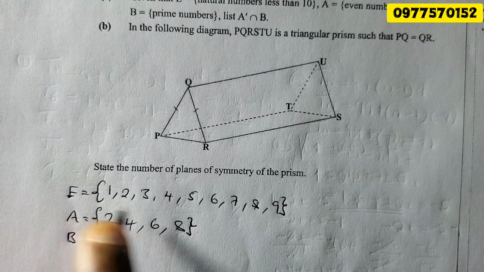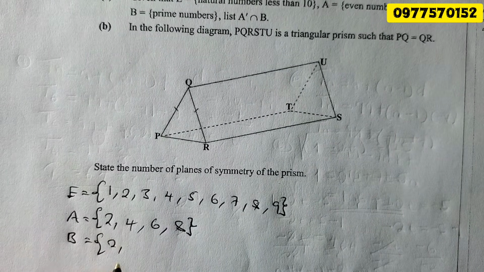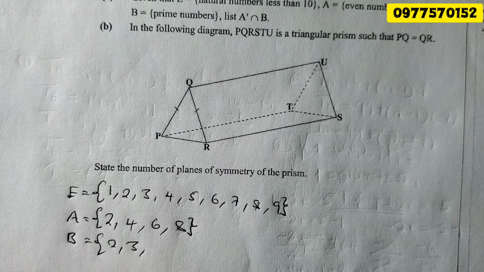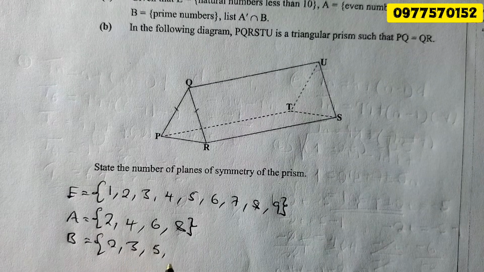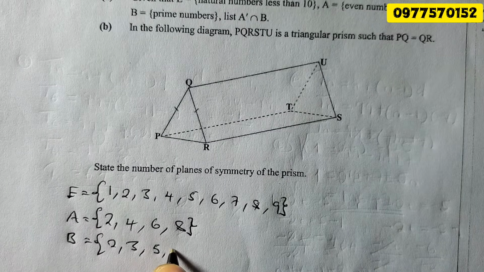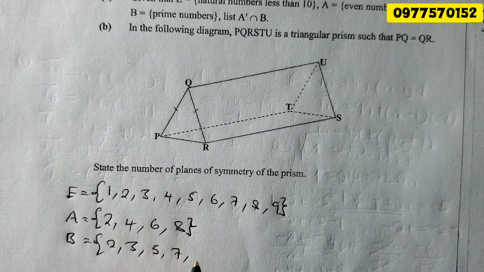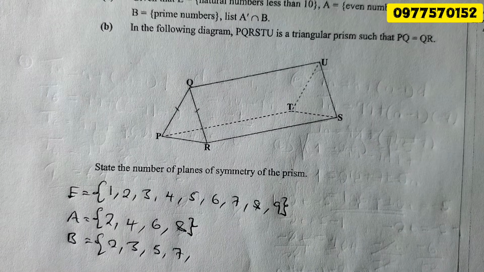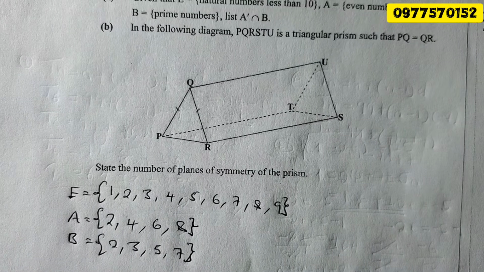So according to this, 1 can go into 2 and 2 itself, 3 into 3, 1 and 3 itself, 5, 1 and 5 itself, 7, 1 and 7 itself. 9 is not a prime number because 3 can go into 9 as well. So we are done. These are prime numbers.